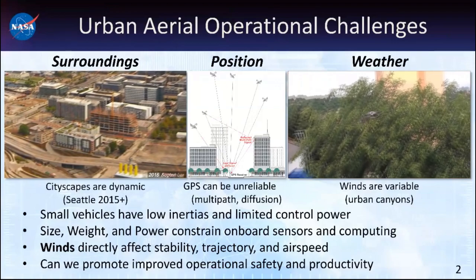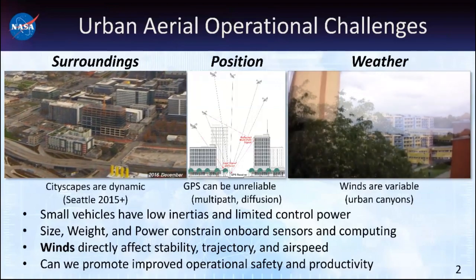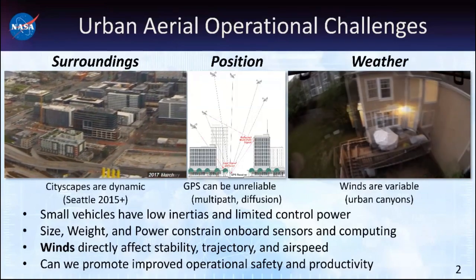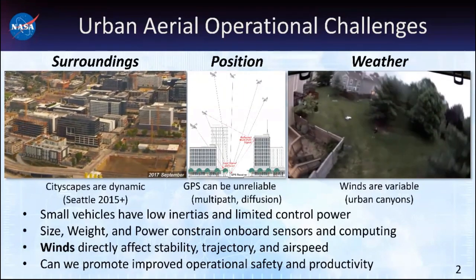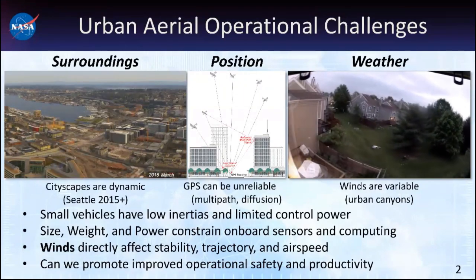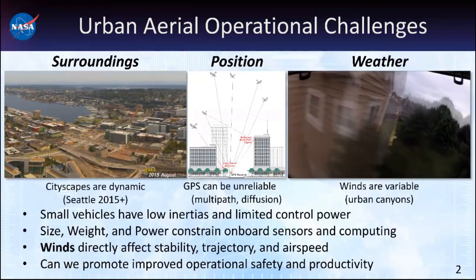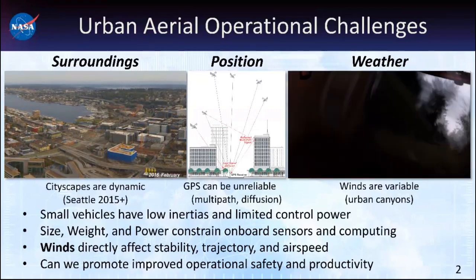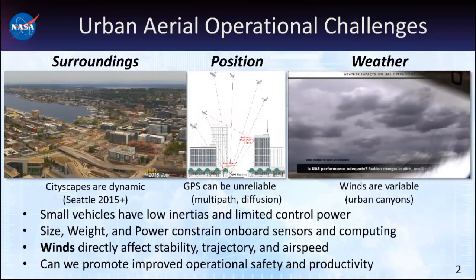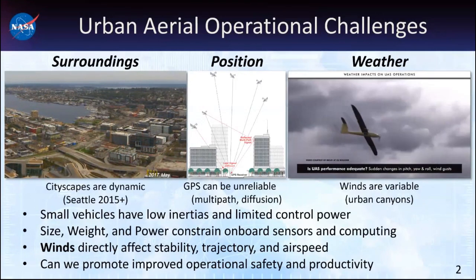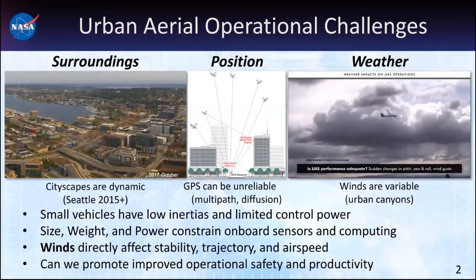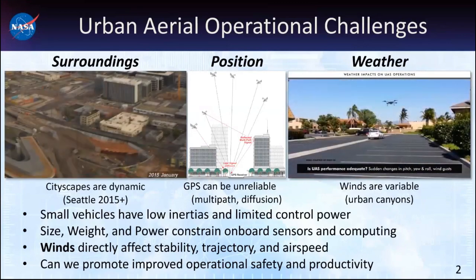We have the additional challenge of knowing precisely where those vehicles are, because your GNSS, your GPS signals can be somewhat unreliable at times due to multipath reflections, diffusion, and potentially spoofing. And we know about the winds and how troublesome they can be in an urban canyon.